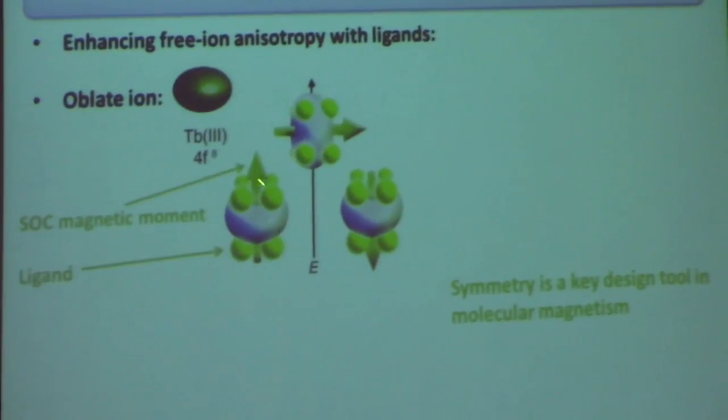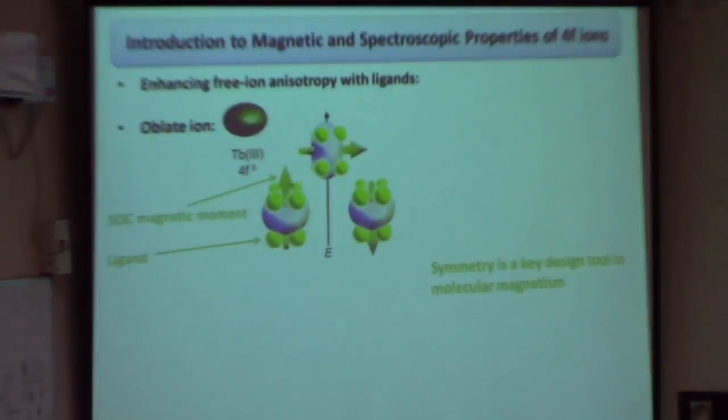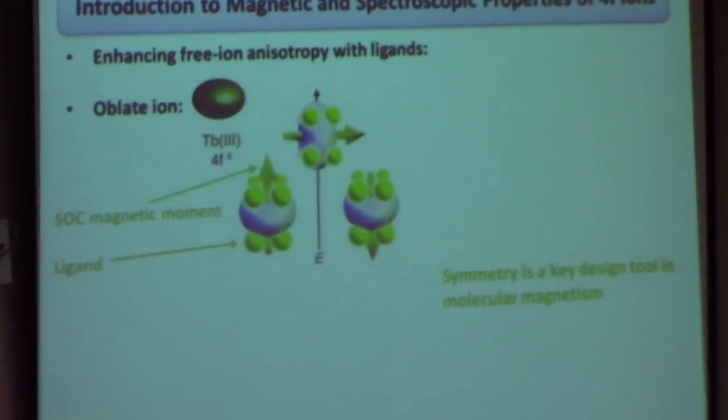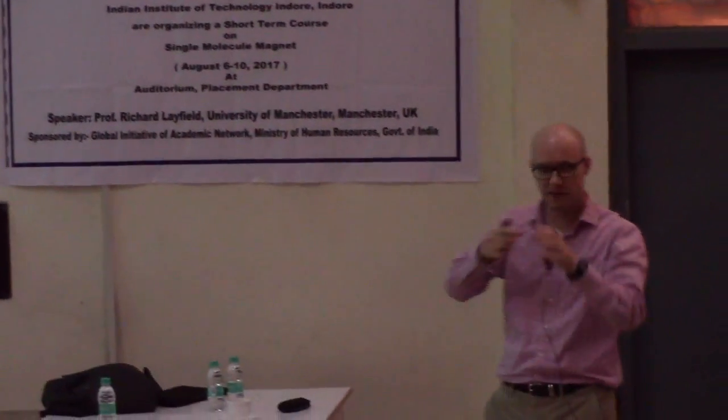If you arrange 4 ligands above and 4 ligands below, you have a significant negative charge above and below and some electrons in the middle. So what they will do is distort to try and get away from this negative charge. The ligand charge affects the F electron density in a way that makes it distort. And if you get those ligands in the right place, you can enhance the anisotropy.